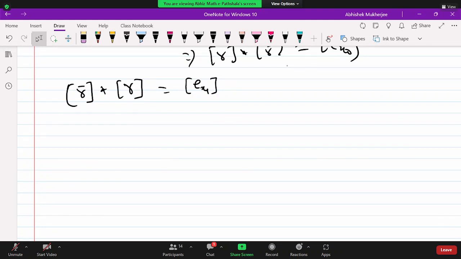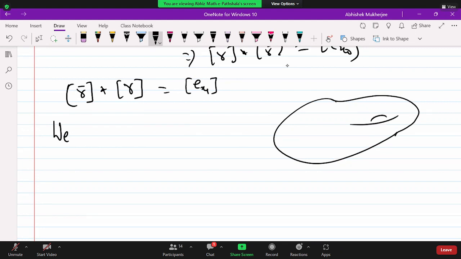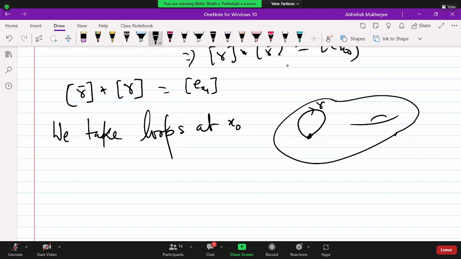That means we need to take some loop starting at x naught and ending at x naught. So we are collapsing the terminal points to make a loop. So we take loops at x naught.